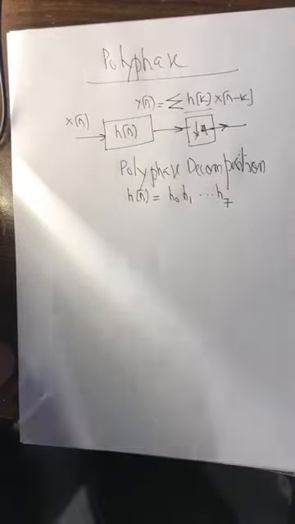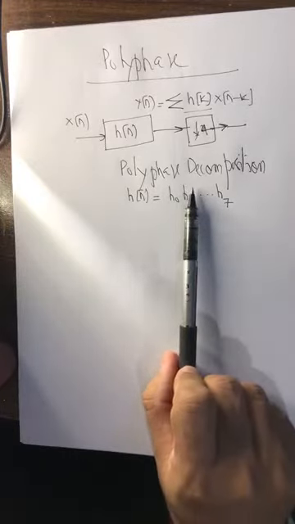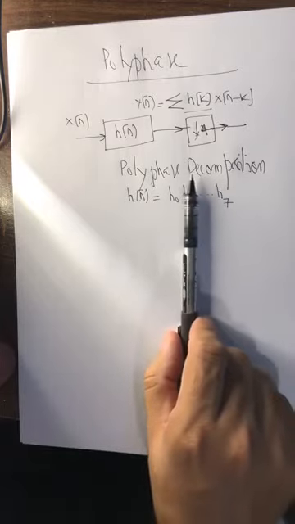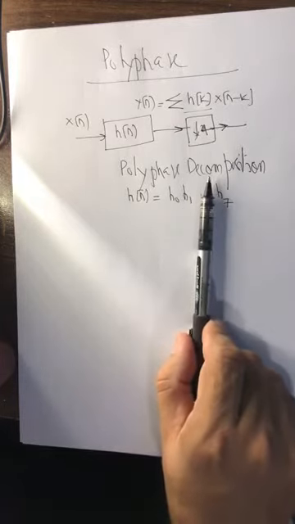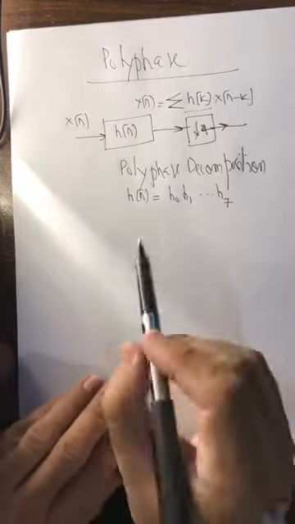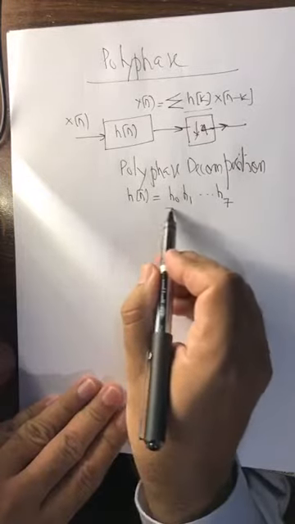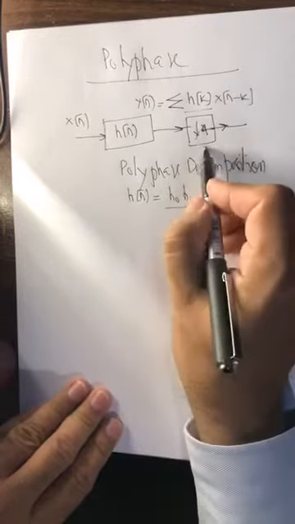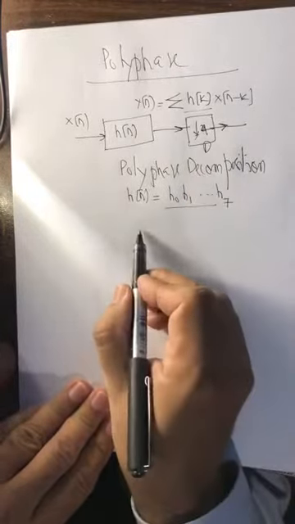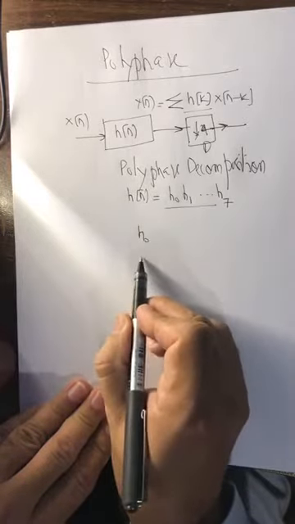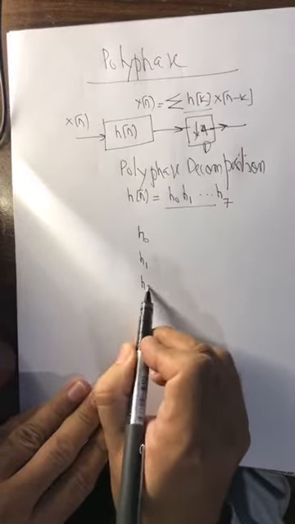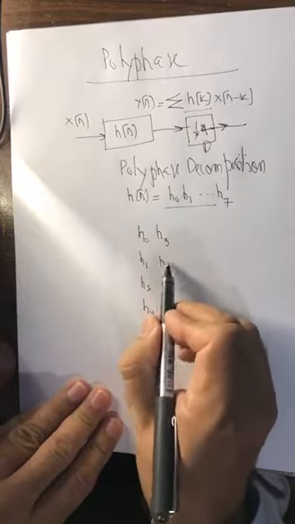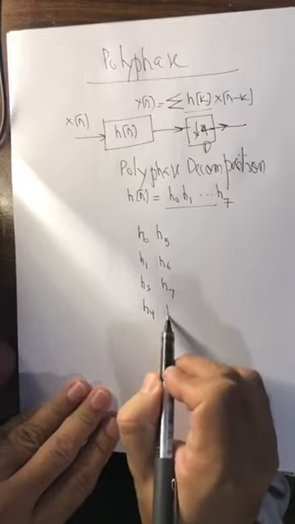But the polyphase decomposition systematically, there is a mathematical proof to this as well, helps you to only compute what is actually required to be computed. And how it is done is that you split your filter into D number of filters. Whatever is the decimation, let's say 4, so 4 filters. You give the first coefficient to the first, second to the second, third, fourth, then redistribute: h5, h6, h7, h8.